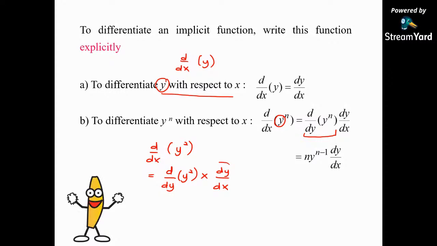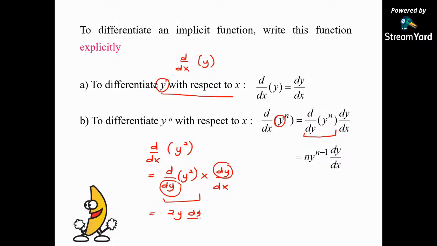If you cancel out your dy, you should be able to see you get back d over dx of y squared. And then of course, we differentiate y squared just like usual. So this is 2y dy over dx.